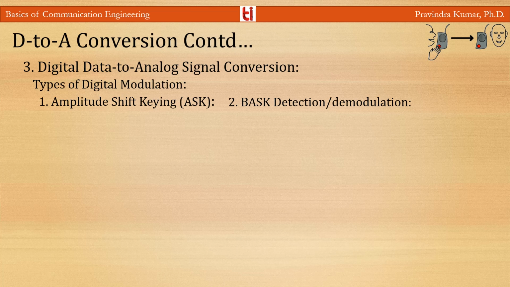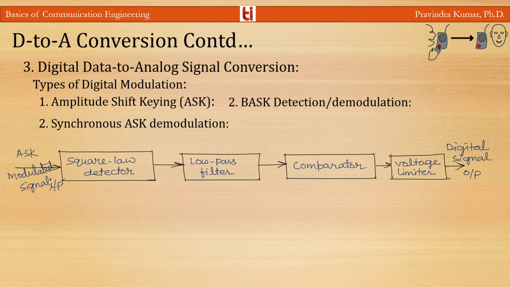Now, synchronous ASK demodulation. The synchronous ASK detector consists of a square law detector, a low pass filter, a comparator, and also a voltage limiter. The ASK modulated input signal is given to the square law detector.